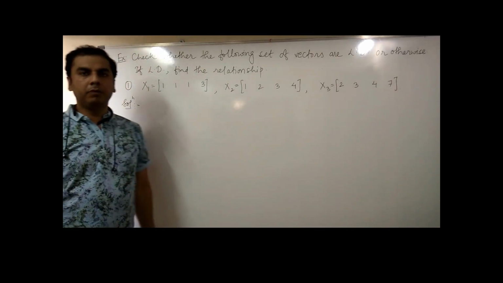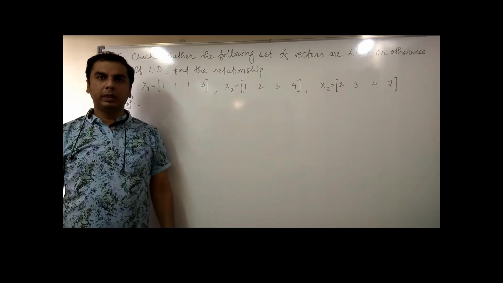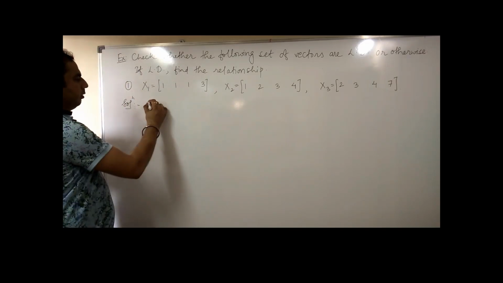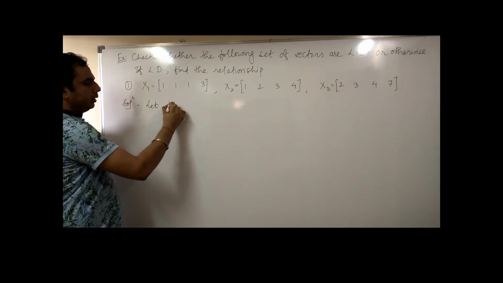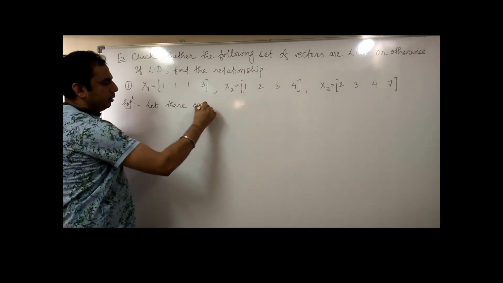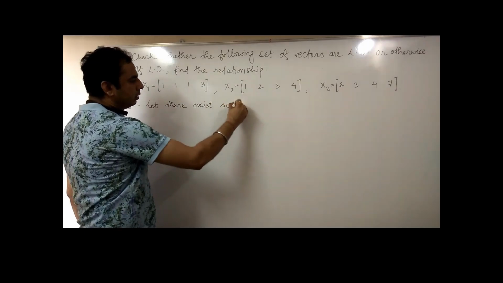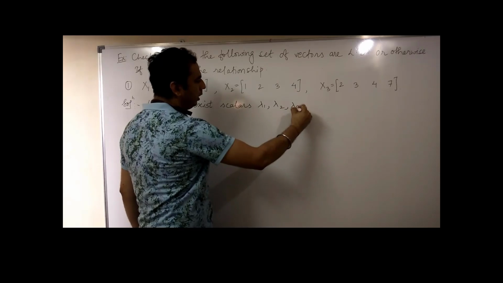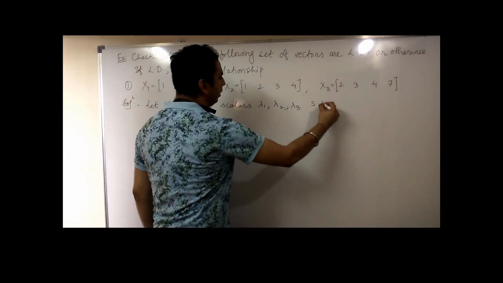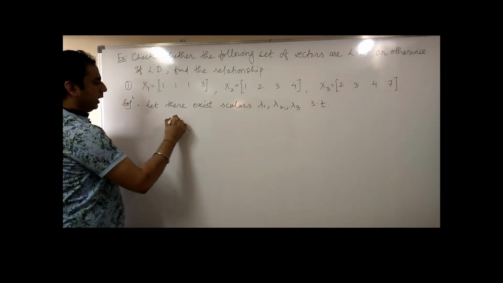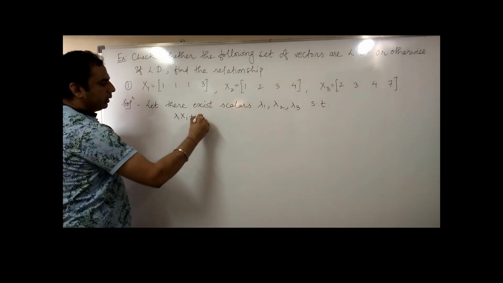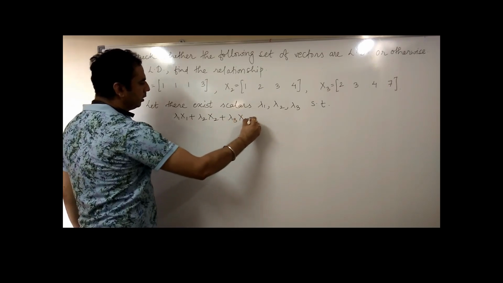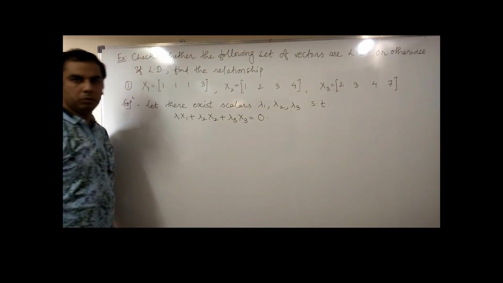In this type of example, we first assume that the vectors are linearly dependent. That means we assume there exist scalars lambda 1, lambda 2, lambda 3 such that lambda 1 x1 plus lambda 2 x2 plus lambda 3 x3 is 0.